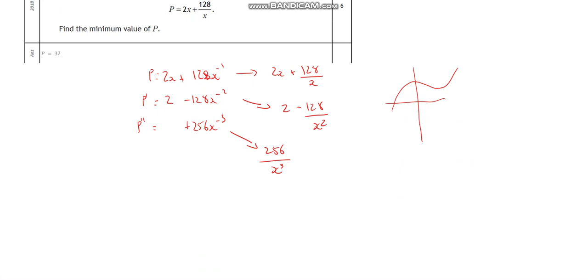Okay, so let's differentiate first of all. So differentiate, stationary points equal to 0. P dashed is equal to 0 for the stationary point. That's my kind of first thought.